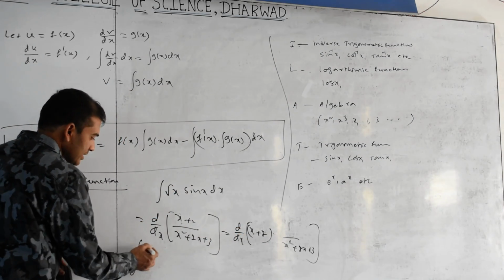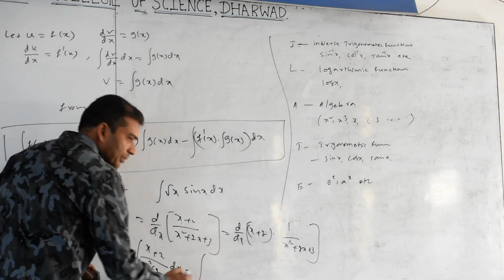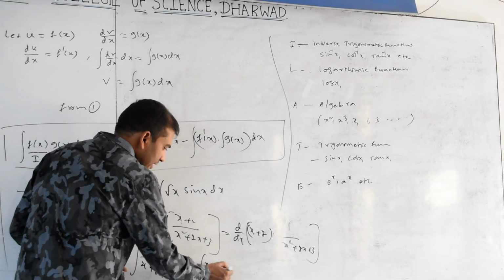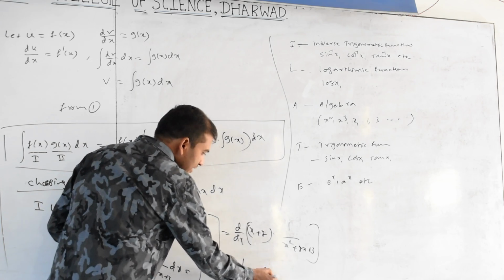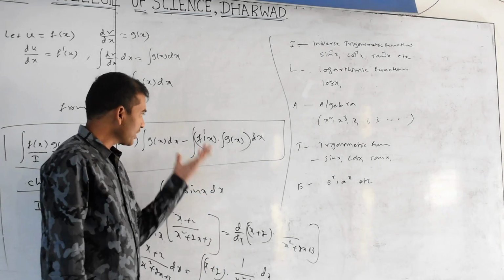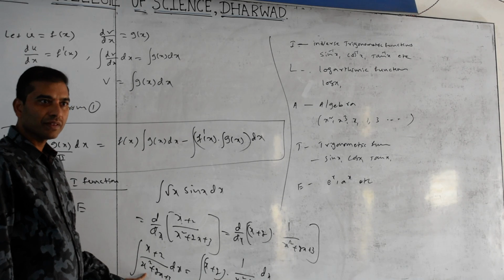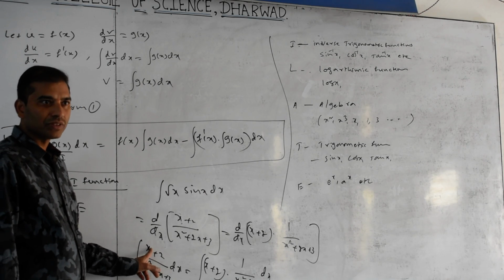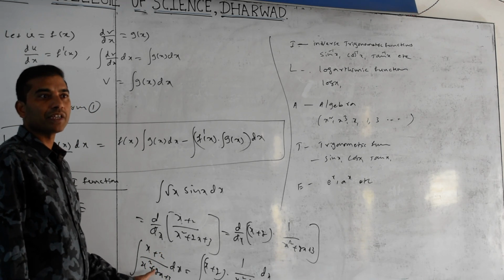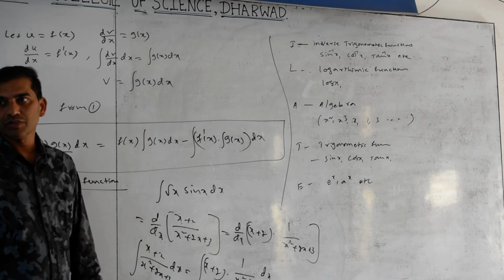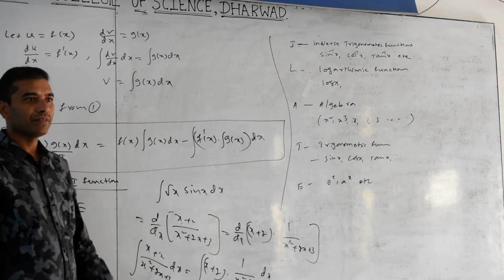If you apply integration like this, x plus 2 by x square plus 2x plus 3 dx, with x plus 2 as the first function and 1 by x square plus 2x plus 3 dx as the second, we can't find it this way. Another method is partial fractions. If the denominator does not factor, then go for the method of (bx plus 2) by (ax square plus bx plus c). Only for a few functions can we find it with product rules, not for all.